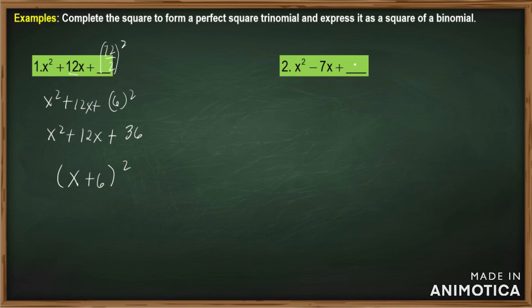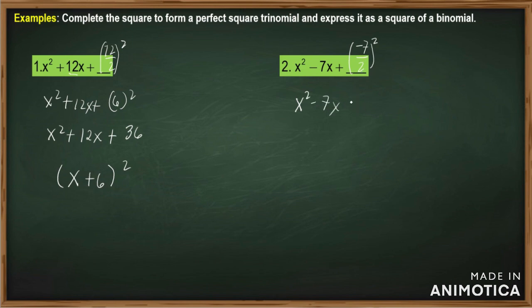Okay. How about this? Okay. So we have here same process. Get half of the square of negative 7. Now notice that 7 and negative 7 divided by 2 will not yield an integer. So what we are going to do is we're going to apply power law on quotient. So you have here distribute the exponent.